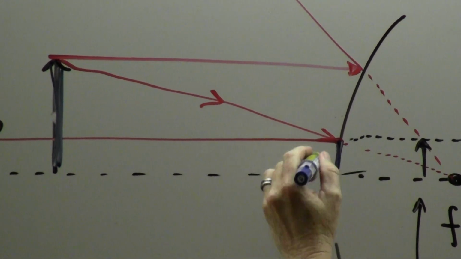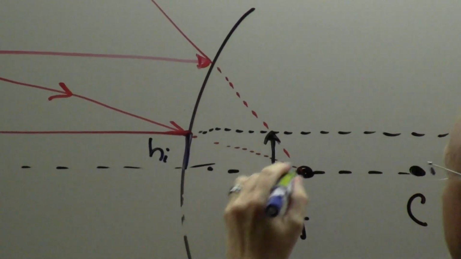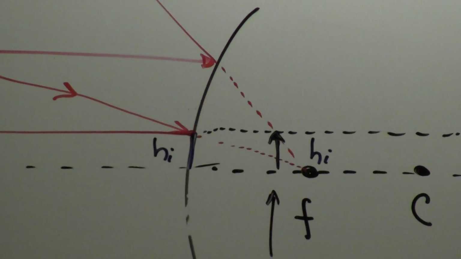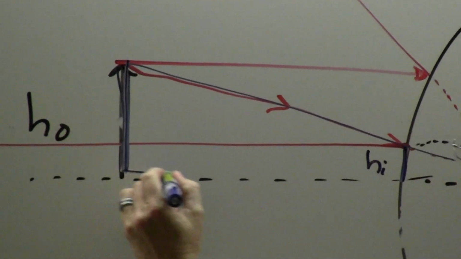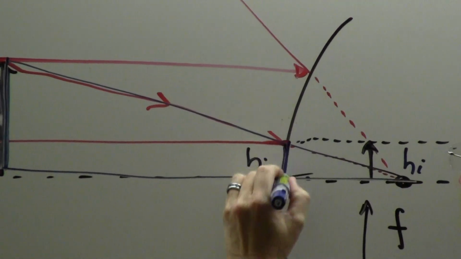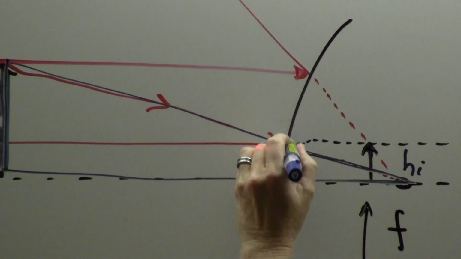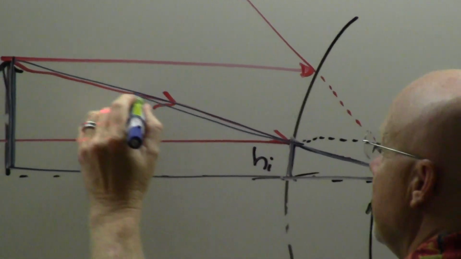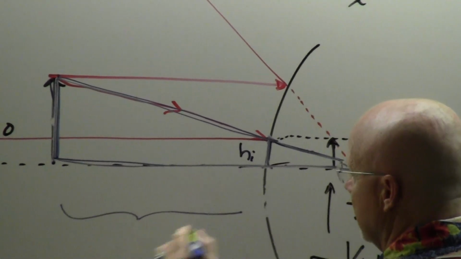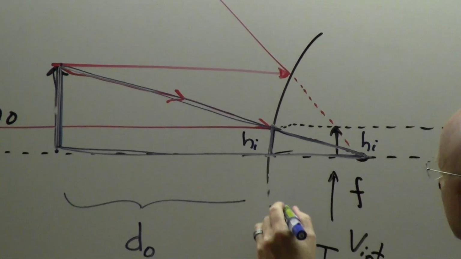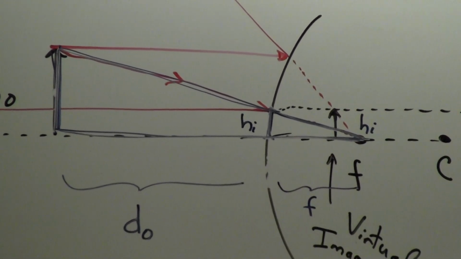And so I could even put here height of image. This really is the image, height of image. But you can see that I can make myself a set of overlapping blue triangles. Here's the small blue triangle, and then here is the big blue triangle. And if we use the same symbolism, this is the distance of the object. This then is the focal length.